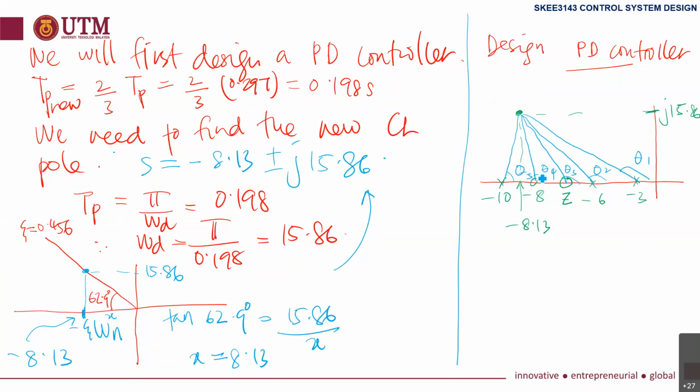We did a lot yesterday, in which theta 1 plus theta 2 plus theta 5 minus theta 3 minus theta 4 equal to 180 degrees. So please do it, finding all the angles, and what we want is theta 3. If you calculate, it will be 18.13 degrees. That means the location of Z is on the left of the closed loop pole.